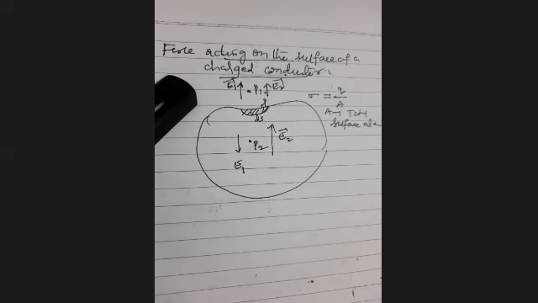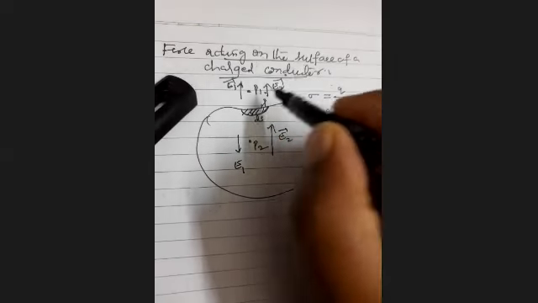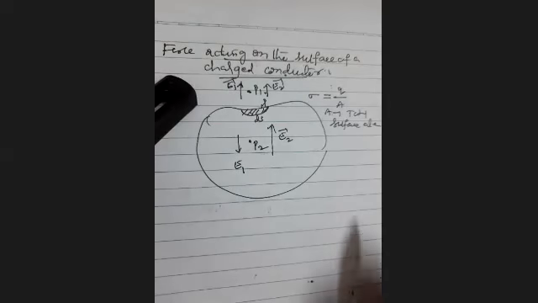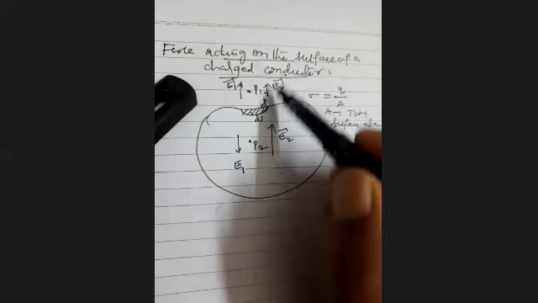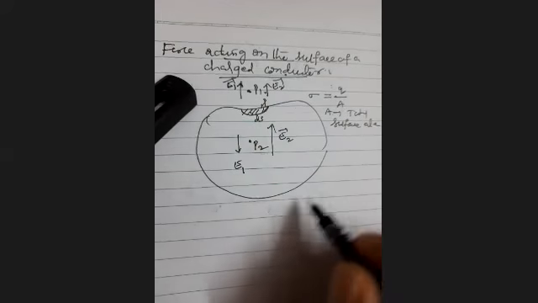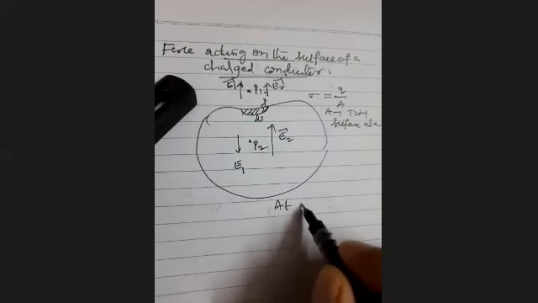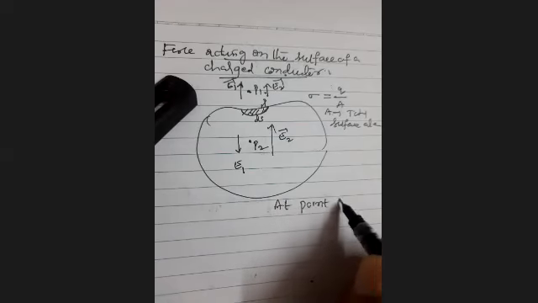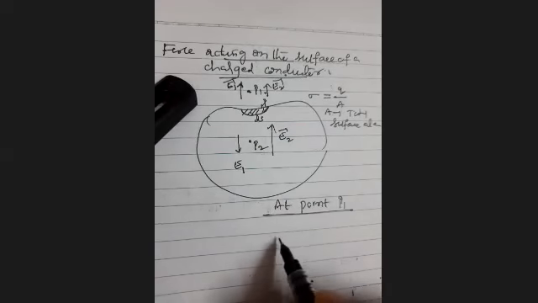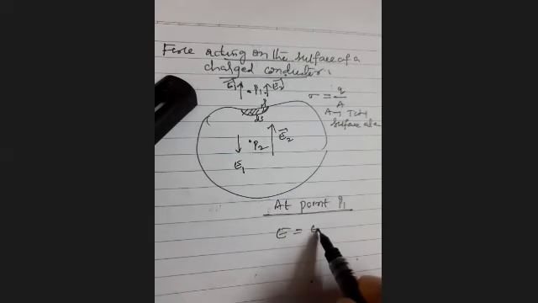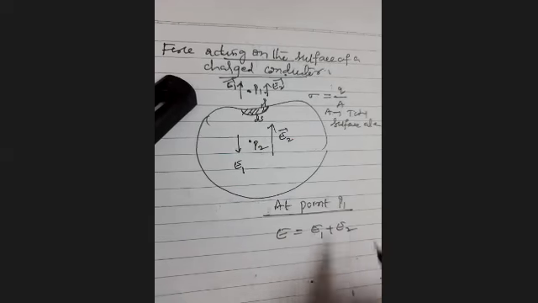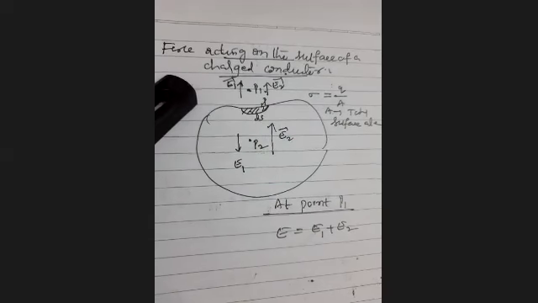Now, first, let us see the point P1. There, both E1 and E2 are acting in the same direction. That is why at point P1, the total field strength is E bar equals E1 bar plus E2 bar.